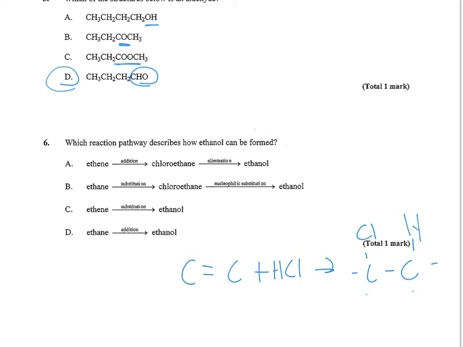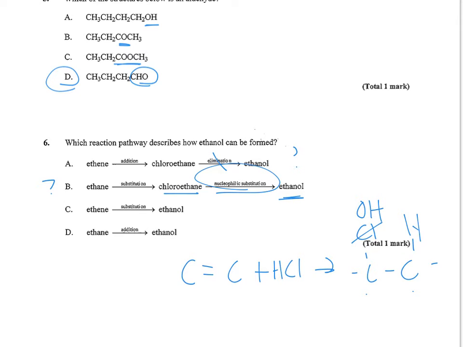And then elimination or substitution could change that to OH, although it's called substitution rather than elimination, so I'm not sure about that name. Ethane could be substituted to get chloroethane, even though that's a complicated reaction mechanism. It does happen. And then chloroethane could undergo nucleophilic substitution to form ethanol, and that's more often what we call that reaction. So B's looking like a strong possibility.